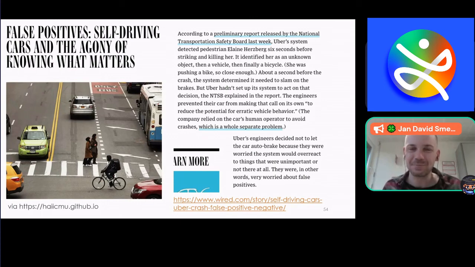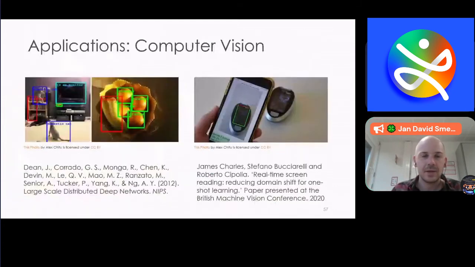stopped the system. So here you see a quite critical issue with an outcome related to being too worried about false positives, so having a bad false positive rate in a system and that not being considered sufficiently enough, apparently. Right. Of course, we have many different application areas.